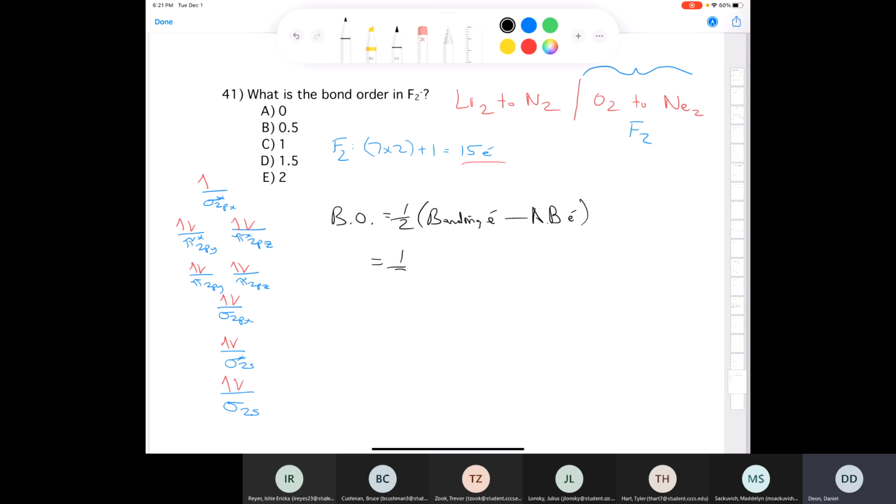So that's going to be equal to 1/2 times... Where are the bonding electrons? Anything that's not in a sigma star or a pi star. So 1, 2, 3, 4, 5, 6, 7, 8. So I've got 8. Where are the antibonding? The antibonding are anything with a star. 1, 2, 3, 4, 5, 6, 7. 8 minus 7 is 1 times 1/2. Our bond order is equal to 0.5 or 1/2.